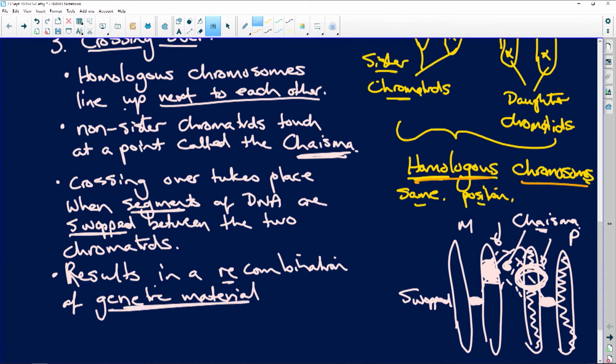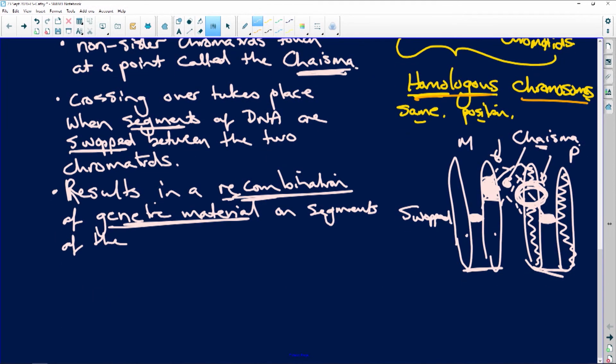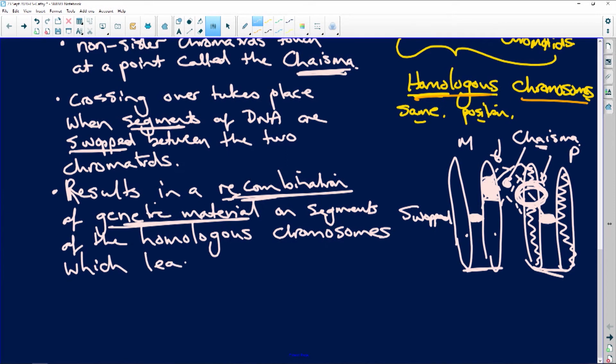Okay, and that's important. It's a recombination of genetic material on segments of the, and what are these? This one and that one, they are homologous chromosomes, which leads to genetic variation.